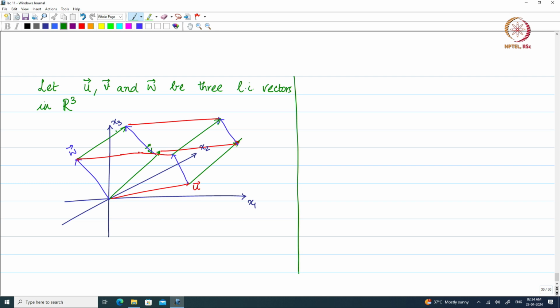So we have these vectors as we have marked here, u, v and w. Let us look at this.